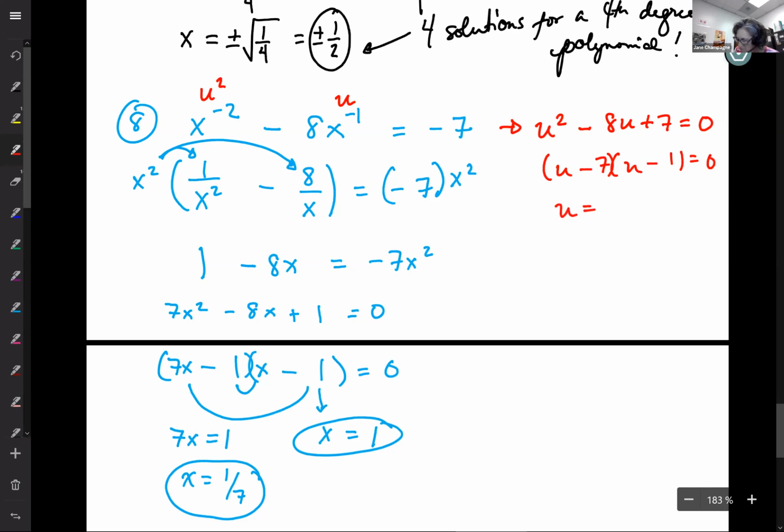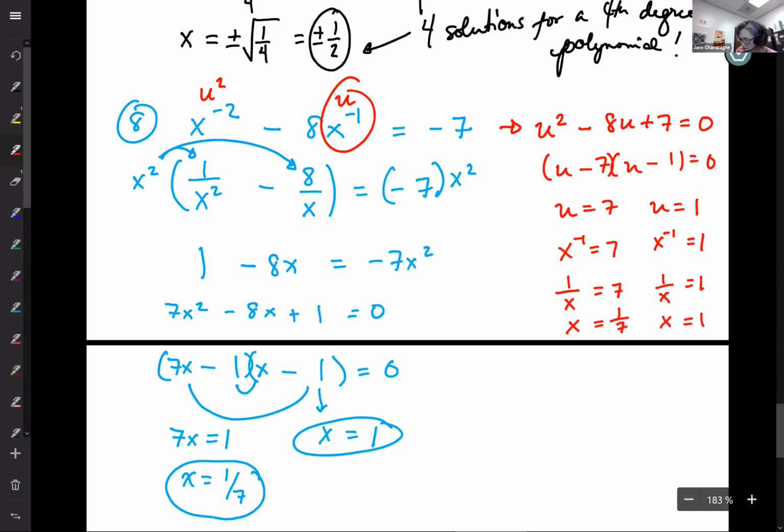So you'd get u equals 7 and u equals 1. But then that's what x to the negative 1 is. And x to the negative 1 being 1 over x tells you to reciprocate. Right? So 1/7, and then 1 over 1 is just 1. So either way.